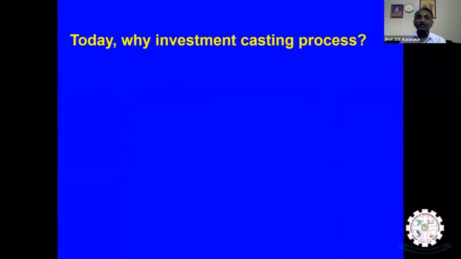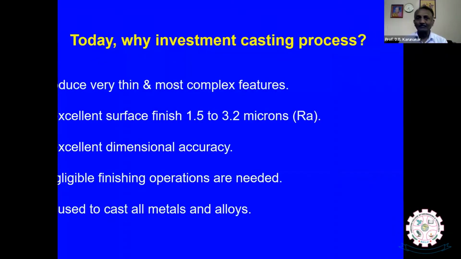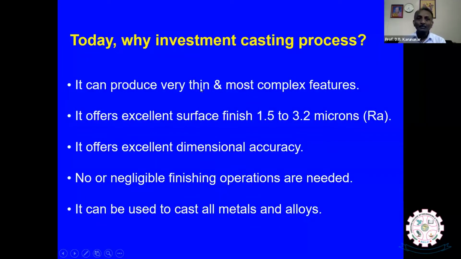There are several reasons why we should think of the investment casting process and give it importance. One is it can produce very thin and most complex features, as thin as 1 mm thickness, which may not be possible with other casting processes. It offers excellent surface finish, 1.5 to 3.2 microns Ra, and excellent dimensional accuracy.